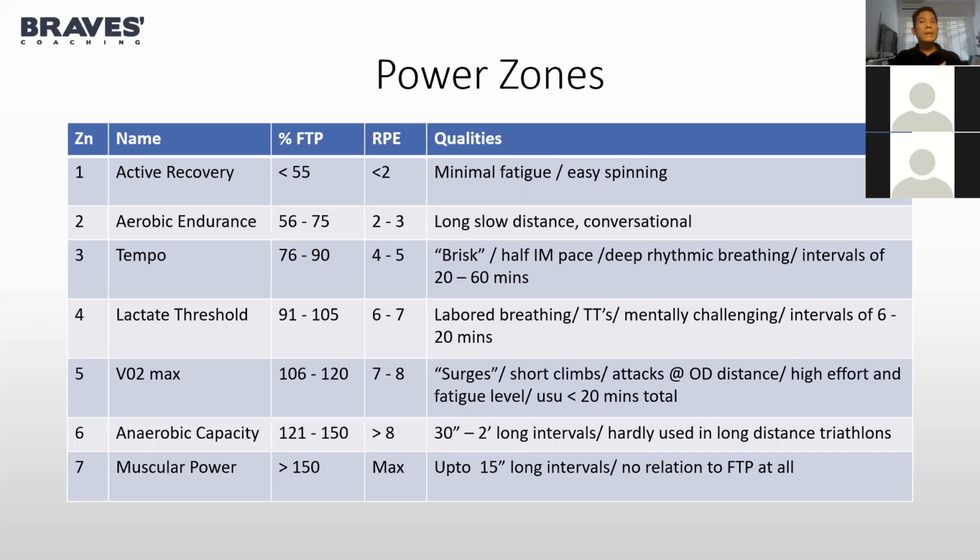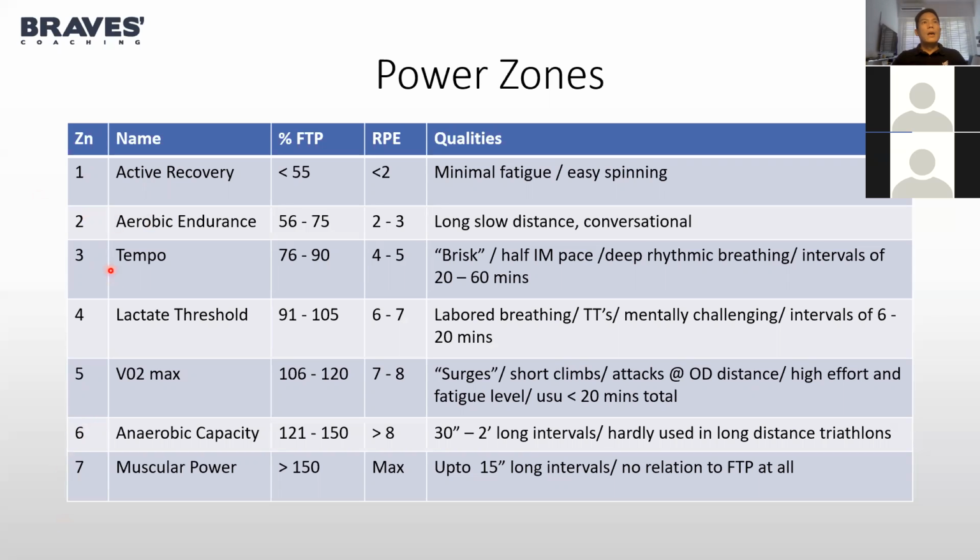Yeah, I got it. Quickly, these are the zones. These are the standard Coggan power zones. Coggan was the guy who came up with them, along with a guy called Hunter Allen. Basically zone 1 is easiest, zone 7 or zone 6 the hardest.